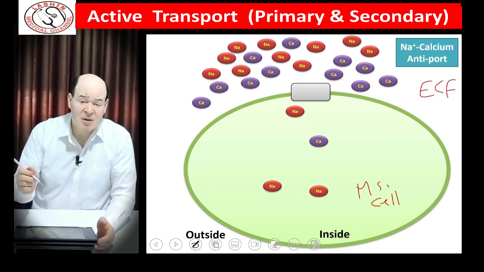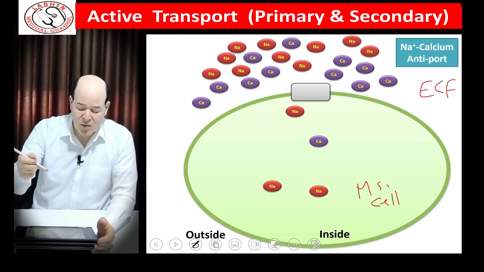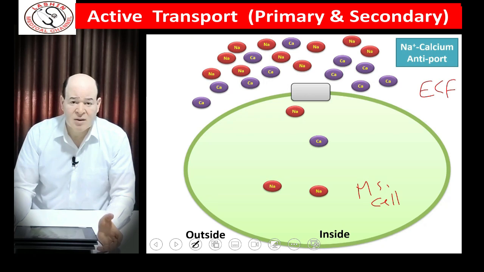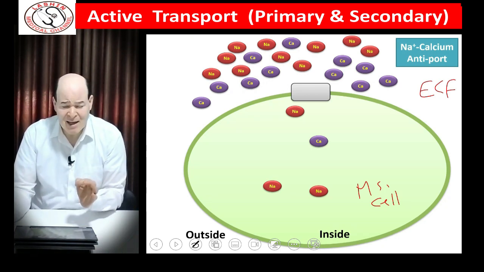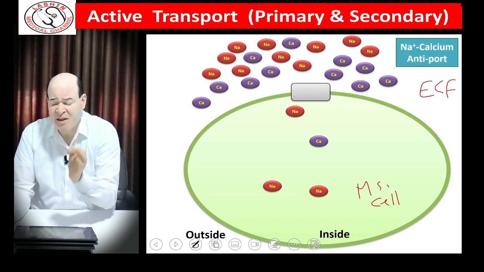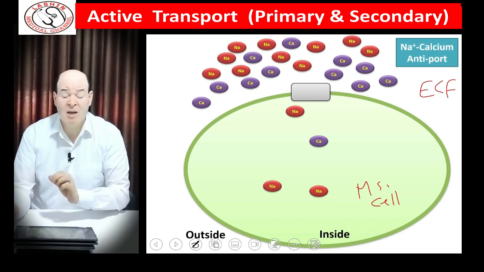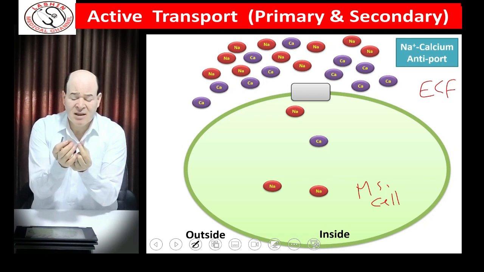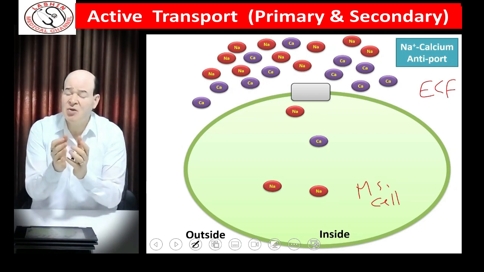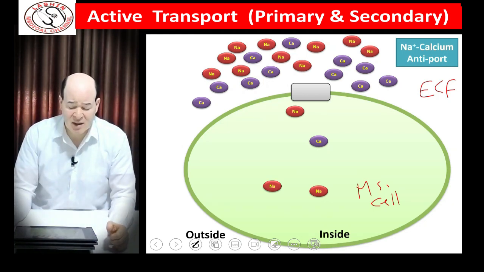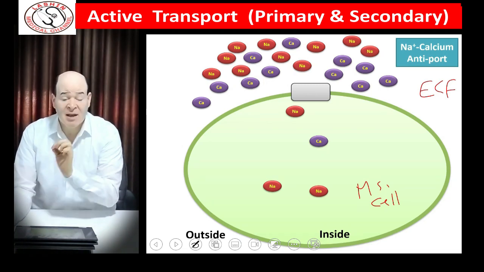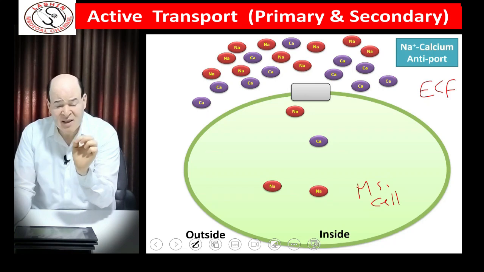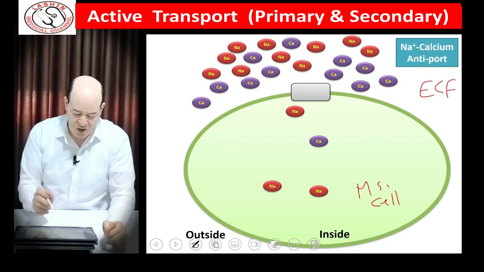However, calcium is also present in excess outside more than inside. And for the stability of the cell function, it has to maintain very low calcium ions, because calcium, even if it is so little, disturbs the cell contractility, so it has to get rid of it, and it is not allowed to appear inside the cell except during the process of contraction.